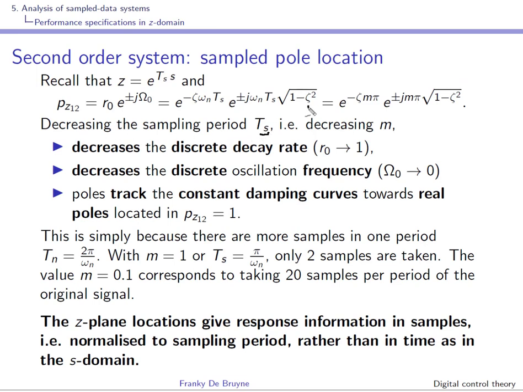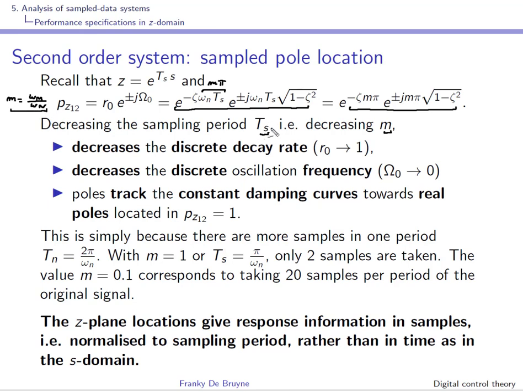So this is the sampled pole location, and we replace this omega n ts by m pi, so you obtain this expression over here. So when ts is decreasing, then m is decreasing. Remember that m is really the natural frequency divided by the Nyquist frequency.